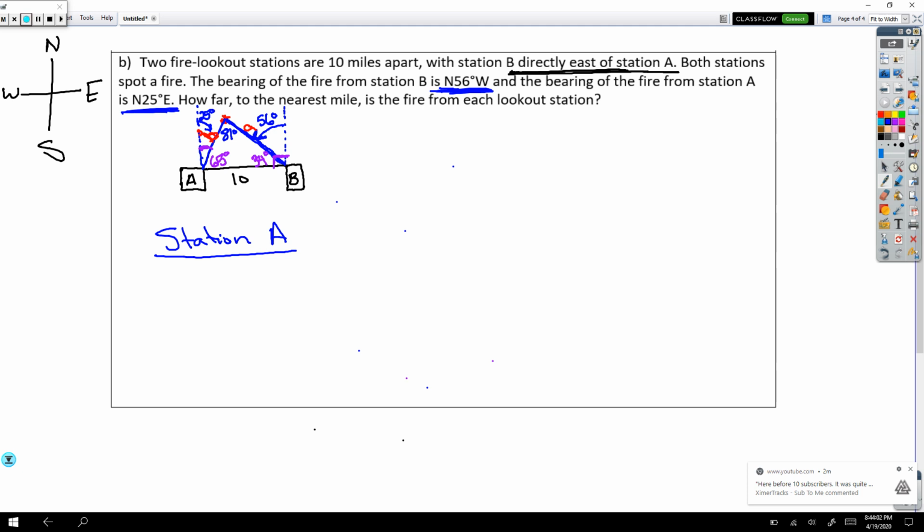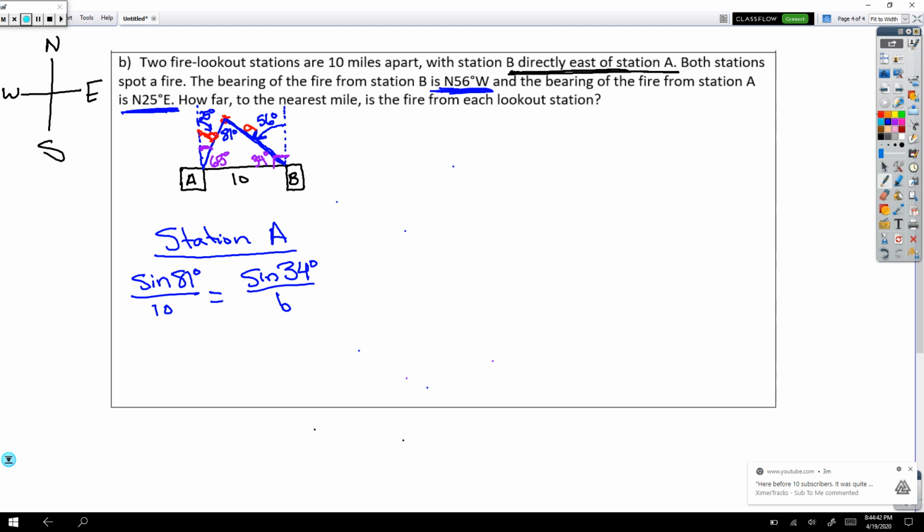So the ratio I do know is the 81 degrees with a length of 10. So let's start there. So sine 81 degrees over 10 equals, now again, the side length that is denoted by B is the distance from station A to the fire. So that means I want to use the 34 degrees in the B. So sine 34 degrees over B. It's kind of backwards when you think about it like that, but that's what happens here.